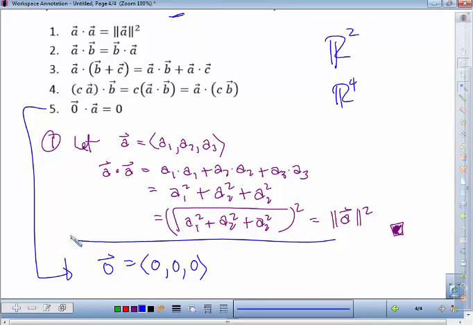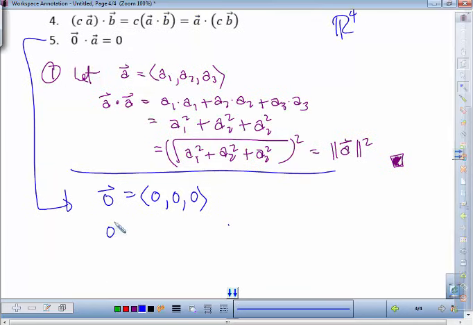And then using the same A, like A1, A2, A3 that we have, zero vector dotted with A is equal to 0 times A1 plus 0 times A2 plus 0 times A3, which is equal to 0 plus 0 plus 0, which is equal to 0. And now I don't use vector because this is just a number.